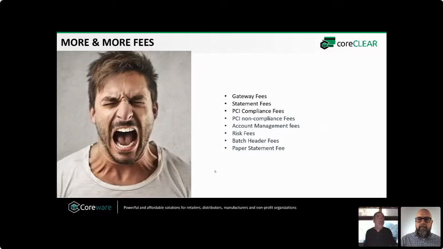And I truly believe that's by design, right? Because the more complex something is, the more you, the merchant, you don't have the time, the energy, or the desire to really dig into it to figure out, okay, at the end of the day, what is all of this stuff? Now, we mentioned the word PCI.